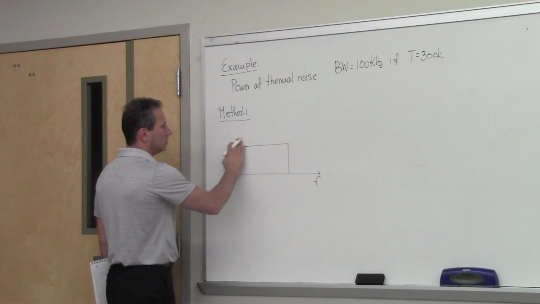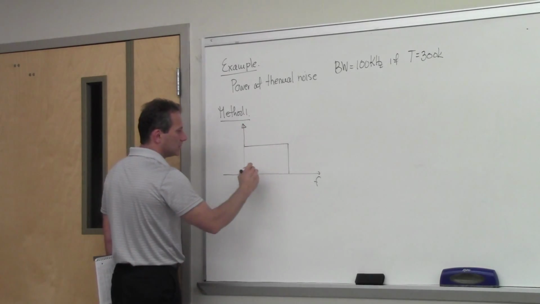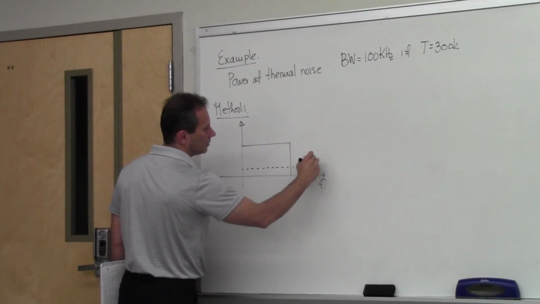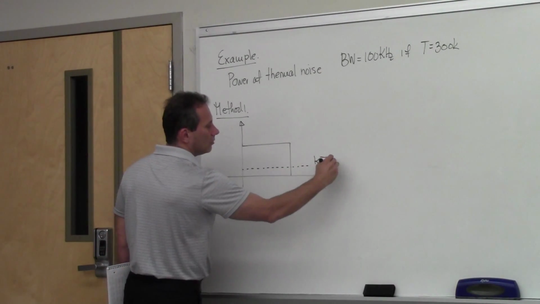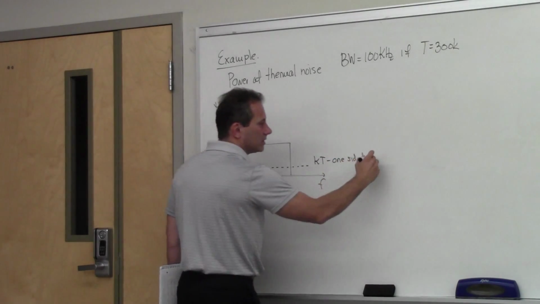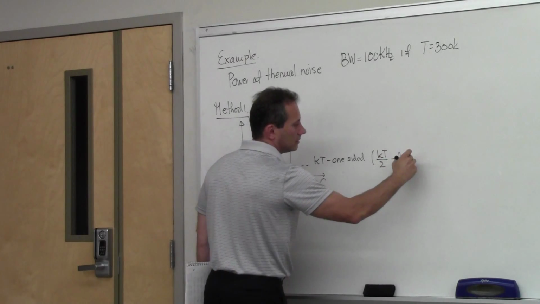this is now the power spectral density of the thermal noise, and it's KT one-sided, or KT over 2 if it's double-sided.